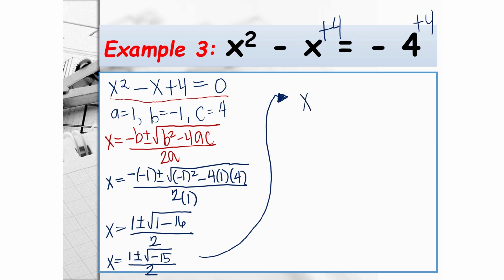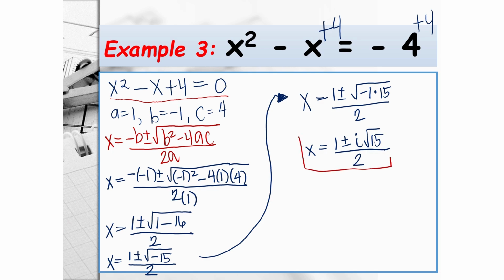So, x is equal to 1 plus minus square root of yung negative 15, i-factor natin as negative 1 times 15 all over 2. So, x is equal to 1 plus minus, yung negative 1, ang square root niya ay I, meaning imaginary. Square root of 15 divided by 2. So, that is already the answer.